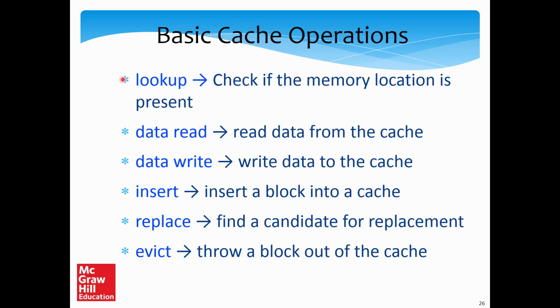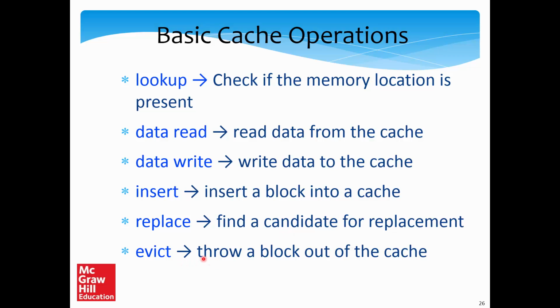Now assume that there was a cache miss and then the block comes from the lower level. Then we need to insert the block inside the cache. And to insert a block, sometimes we might find that the cache is full, so we have to throw out one block. We need to first find a candidate for replacement.